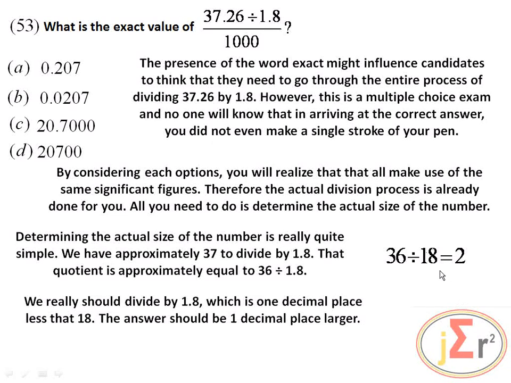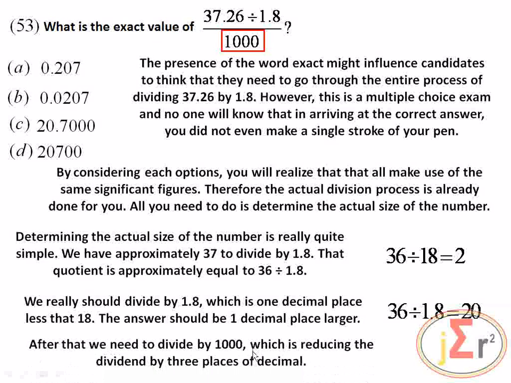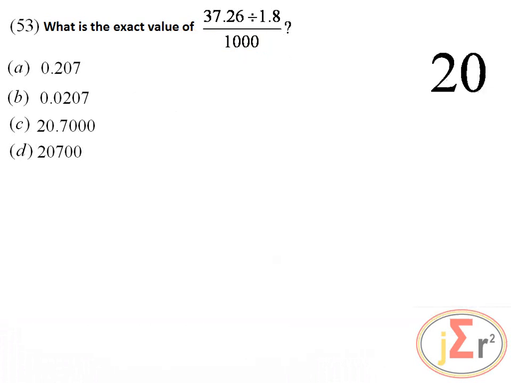We need to increase the answer by one place of decimal, so we will increase that to 20. 36 divided by 1.8 is equal to 20. After that, we need to divide by 1000, which is reducing the dividend by 3 places of decimal.